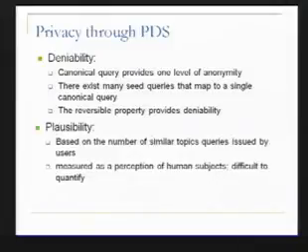And also plausibility: there has to be some kind of human study to see what queries are plausible, but the way we are doing it, it is based on the fact that a particular query is semantically related to many queries already issued by users from a query log. So the plausibility is also captured here.